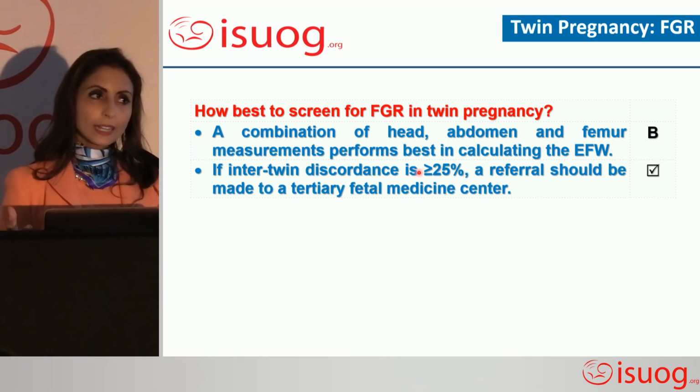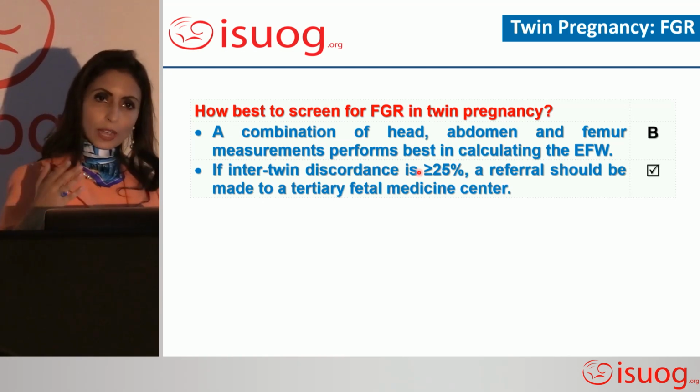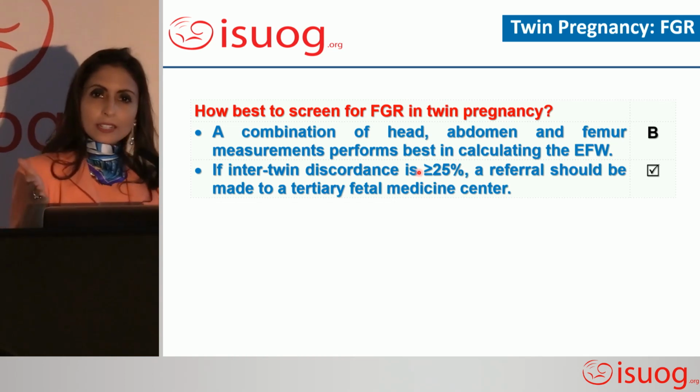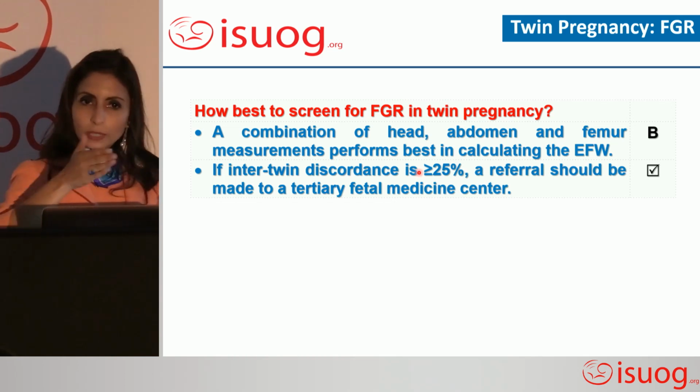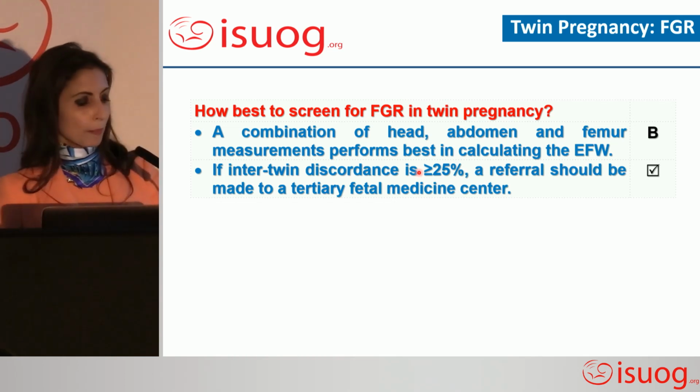But also in the guidelines, you have to be pragmatic and you have to have a consensus. So sometimes it's easier to just have one cutoff that all the clinicians can easily remember.